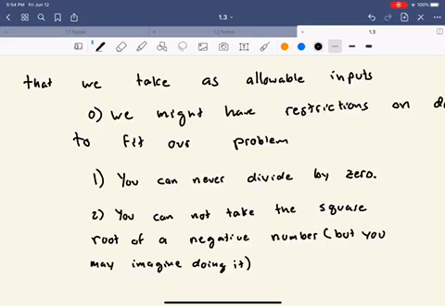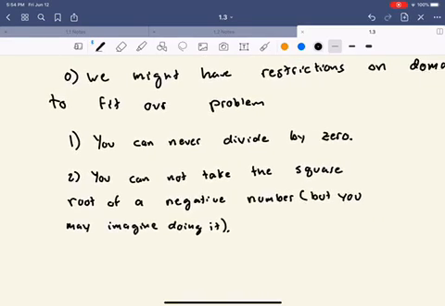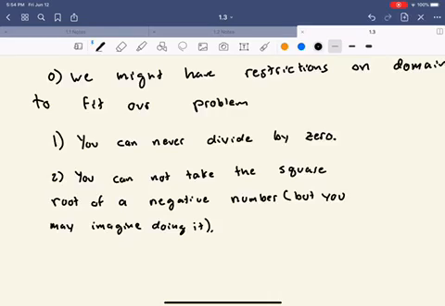What I mean by that is, kind of a bad joke, that there are ways to make taking the square root of a negative number work, as you know, imaginary numbers, but we're not going to talk about them here.